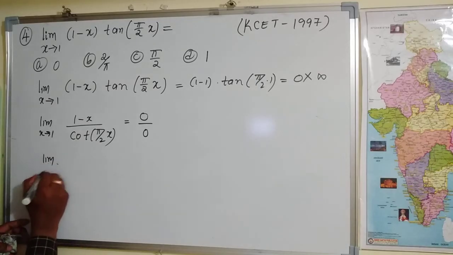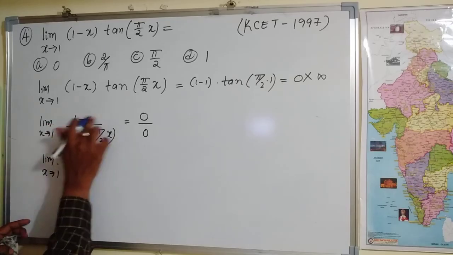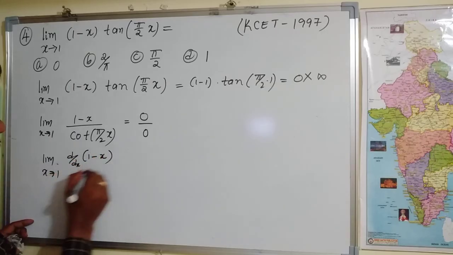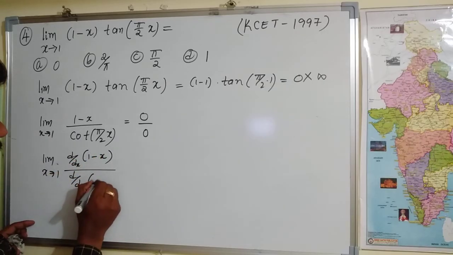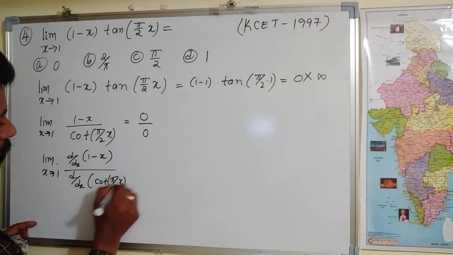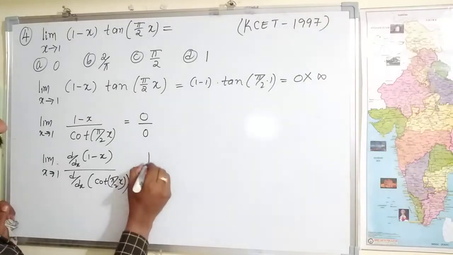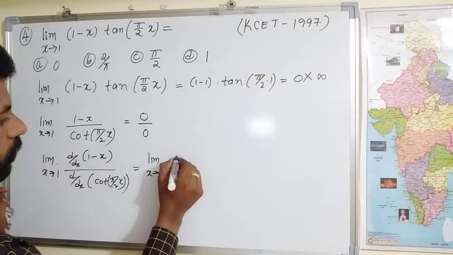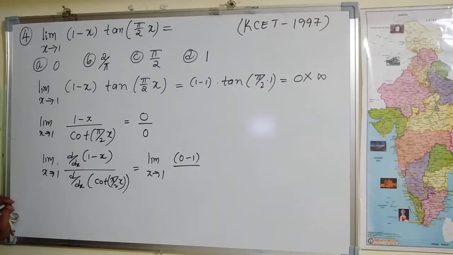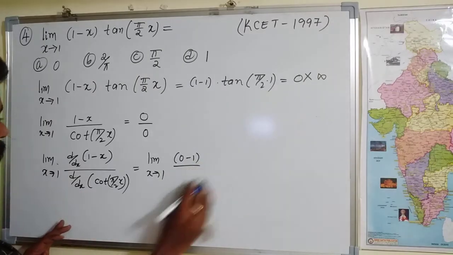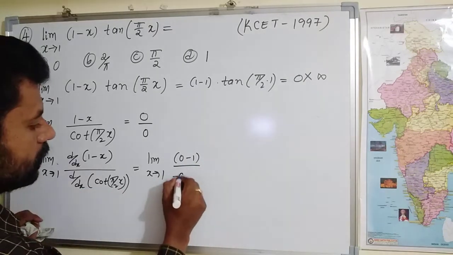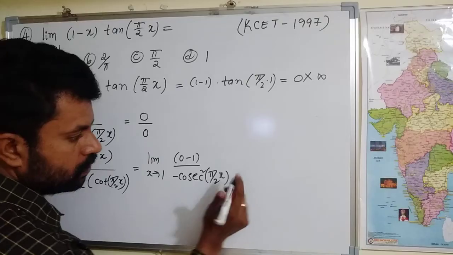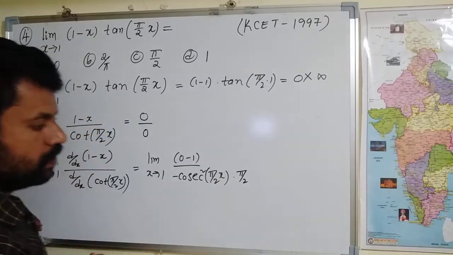See, L'Hospital rule in this result, derivative of numerator, 1 is 0, constant term, minus, see here, derivative of 1 minus x divided by derivative of cot of pi by 2x. This is the L'Hospital rule statement form, is equal to, here we get limit x tends to 1, derivative of 1 is 0, derivative of x is 1, here we get 0 minus 1 divided by derivative of cot, which is minus cosecant square pi by 2 x into derivative of pi by 2 x, here we get pi by 2, derivative of x is 1.